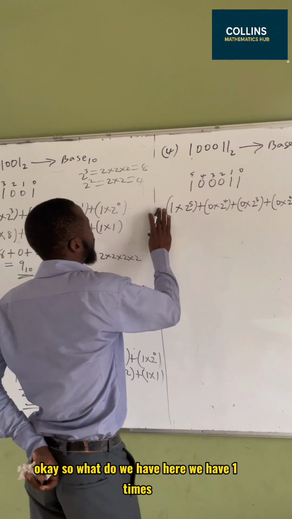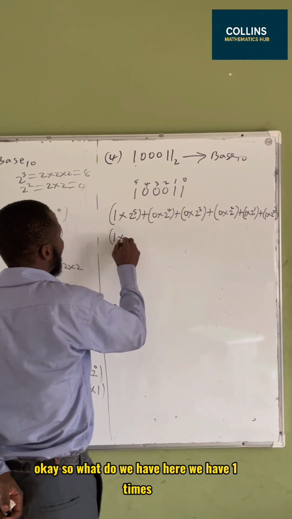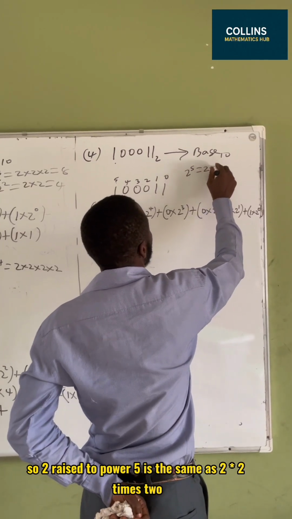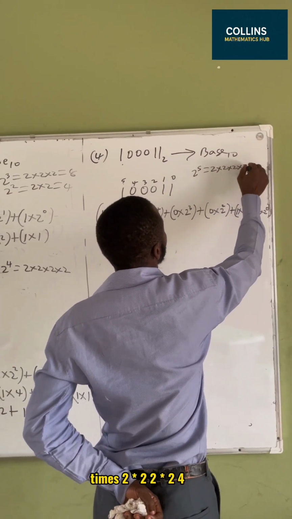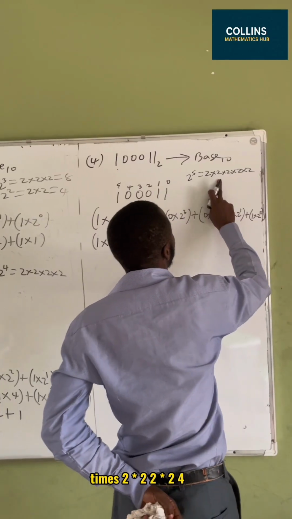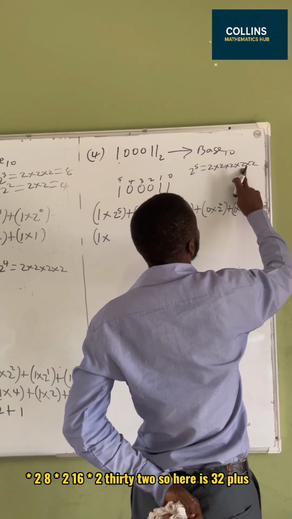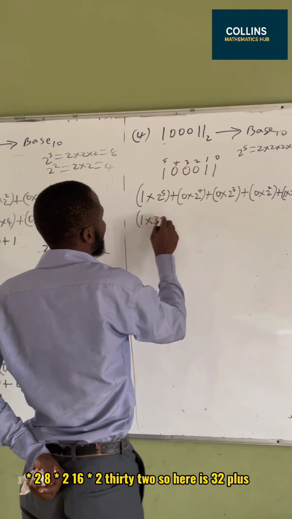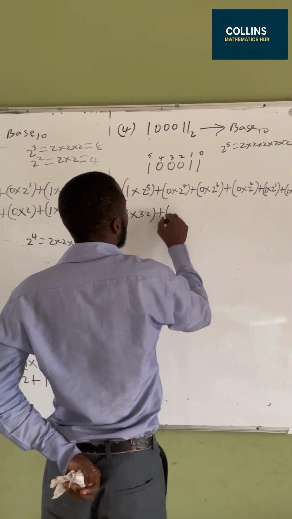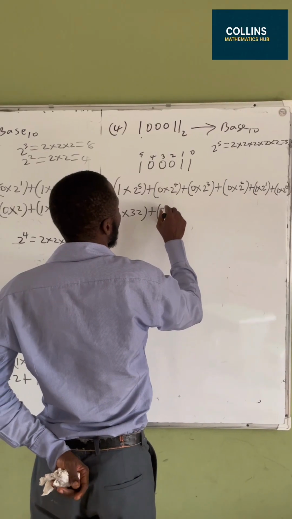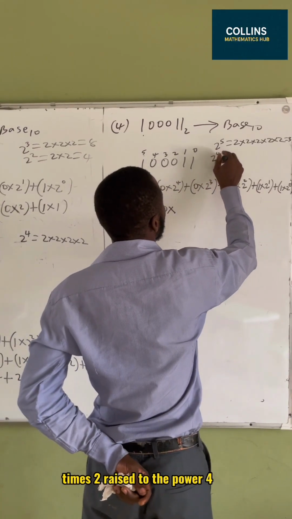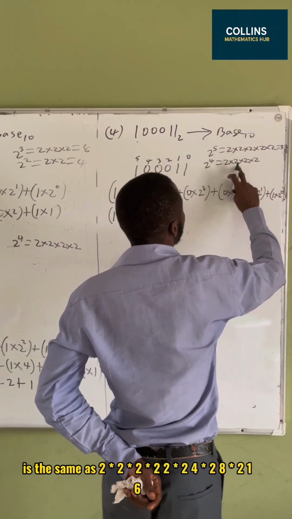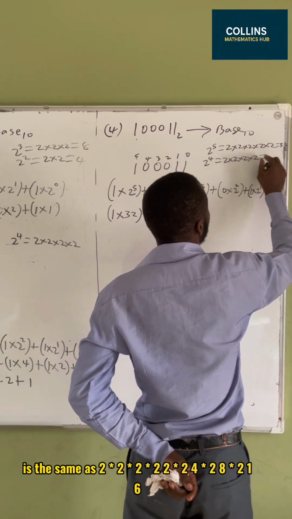Okay? So, what do we have here? We have 1 times 2 raised to power 5, which is the same thing as 2 times 2 times 2 times 2 times 2. 2 times 2, 4 times 2, 8 times 2, 16 times 2, 32. So, here is 32, plus 0 times 2 raised to power 4, which is the same thing as 2 times 2 times 2 times 2. 2 times 2, 4 times 2, 8 times 2, 16.